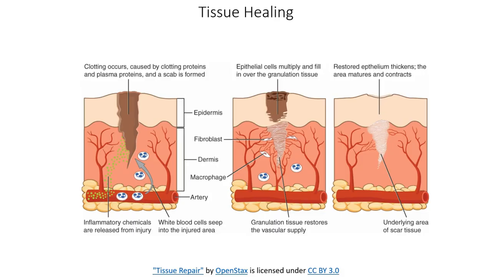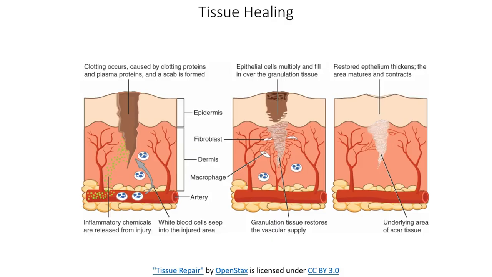So once that injury occurs, and it's been contained by that initial inflammatory response, then the body is going to start working to repair that tissue injury. All right, and so we are going to go through some different steps of this tissue healing.